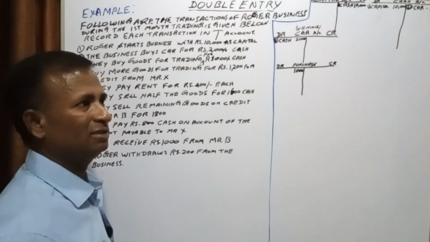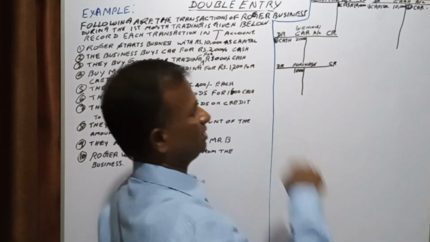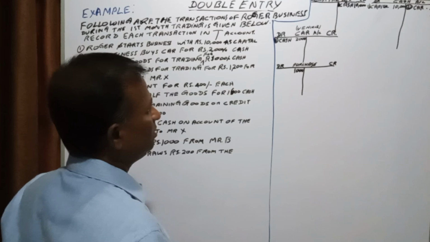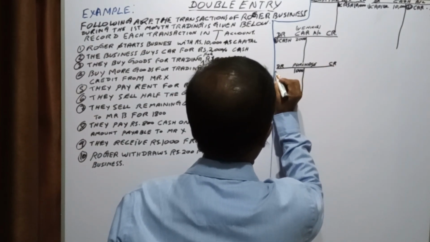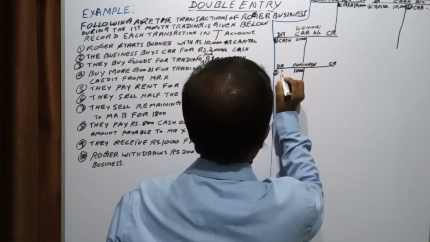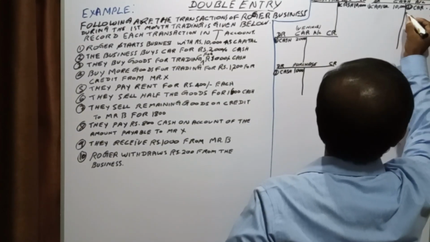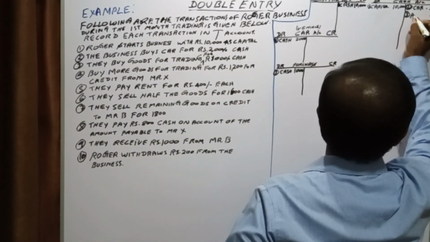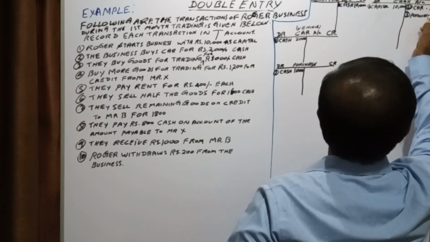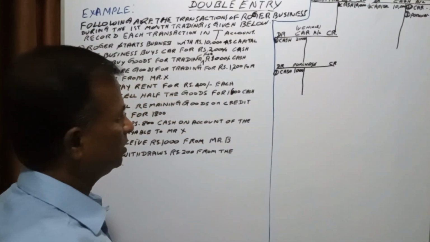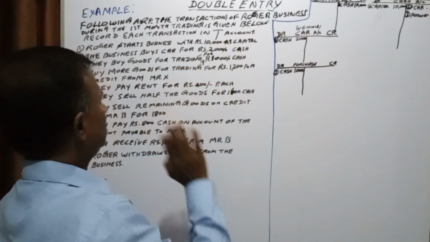If there is a decrease in asset, you have to pass a credit entry. Here you have to give narration. I am putting the number 3, cash. Here you will give purchases. Now the double entry is completed for adjustment number 3.